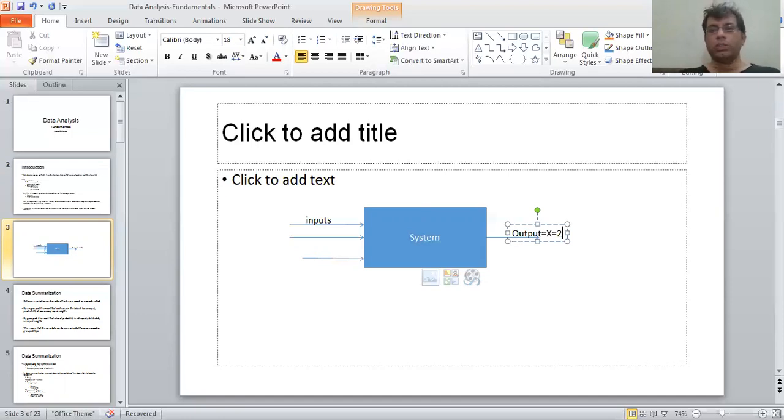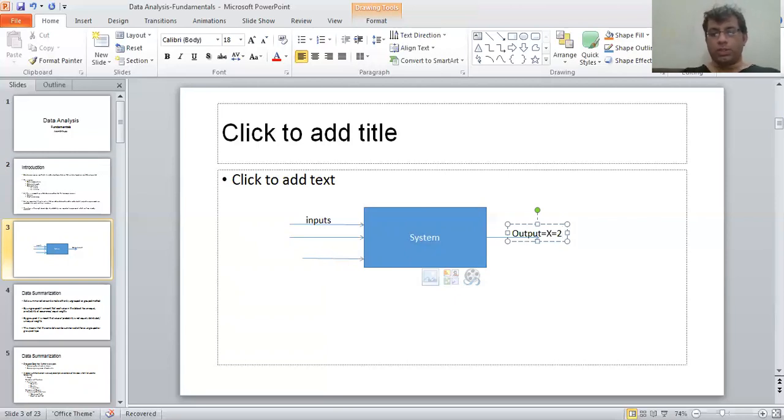If anybody asks me what your output is, I would say that the output is 2. I would have no doubt about it. The important thing is: no doubt, full certainty, no uncertainty. Such types of systems or experiments are basically called deterministic systems.